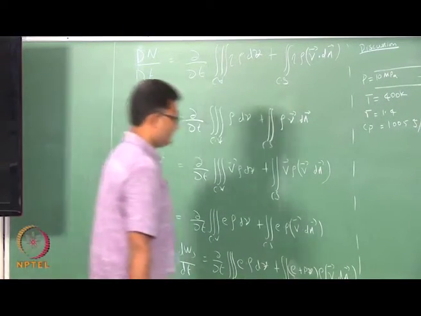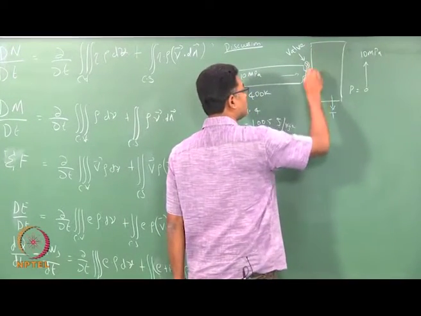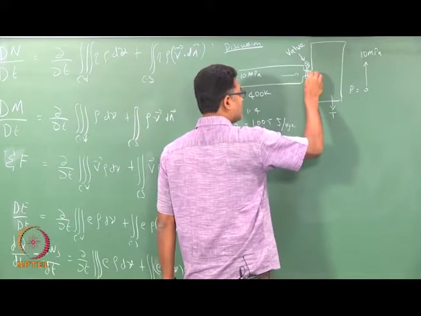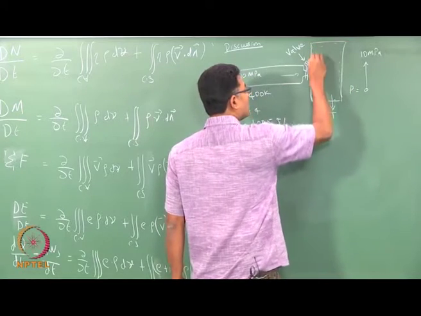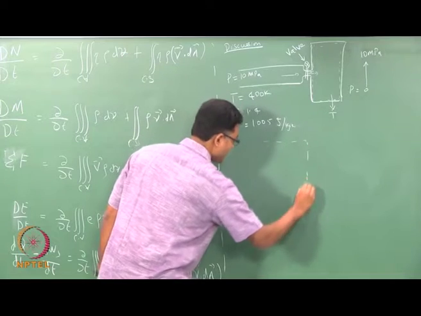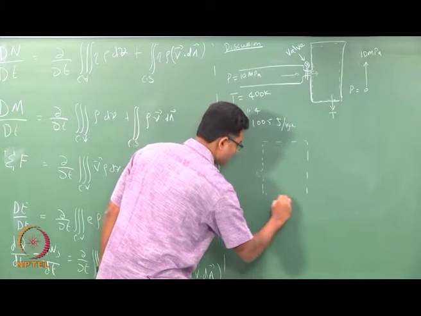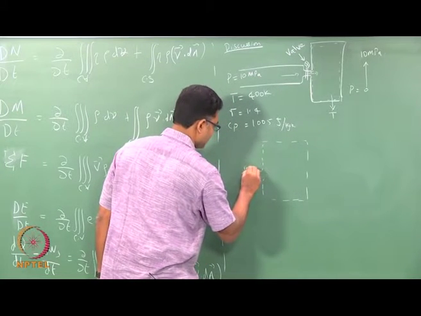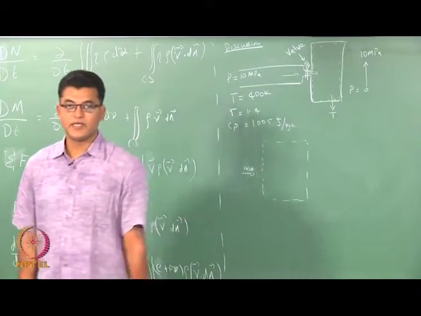For this, first we have to identify the control volume. Our control volume is the cylinder. I am redrawing that here. So, this is the inlet and there is no outlet, just one inlet.